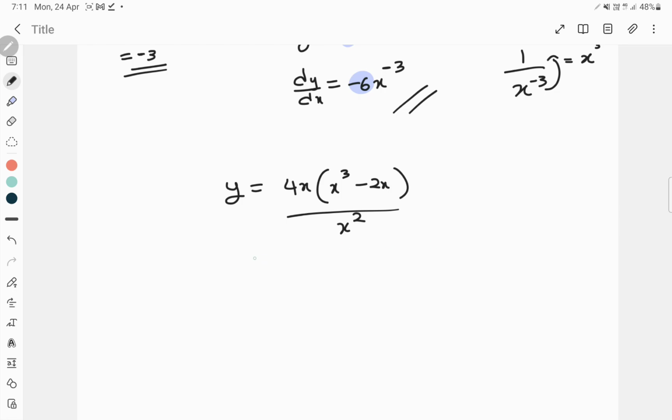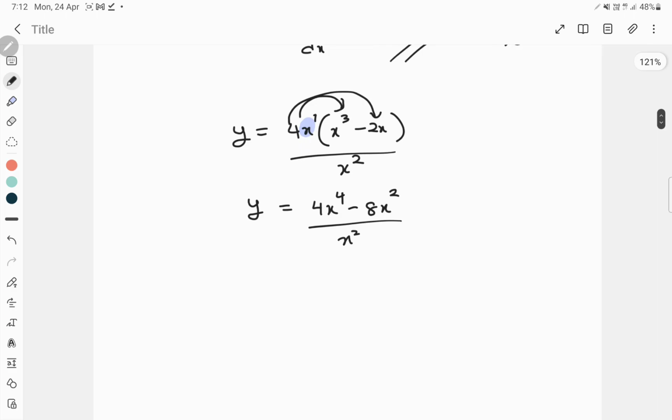Okay, so the expansion, if you do, y is equal to 4x to the power 4, because this power is 1, so if you multiply it, it becomes 4x to the power 4. 4 times minus 2 is minus 8x to the power 2, divided by x squared. After this, we can separate this into two fractions.